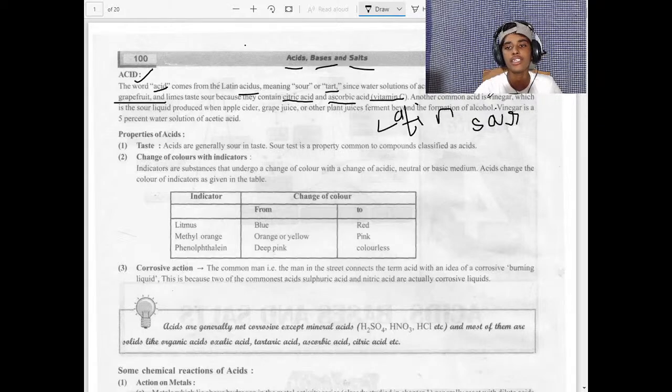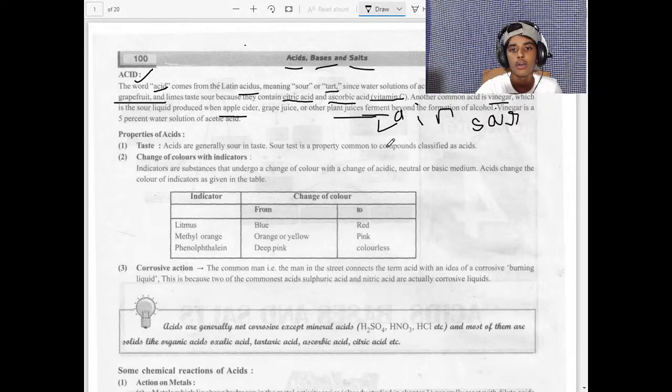Another common acid is vinegar, which is a sour liquid produced when apple cider, grape juice or other plant juices ferment, beyond the formation of alcohol.